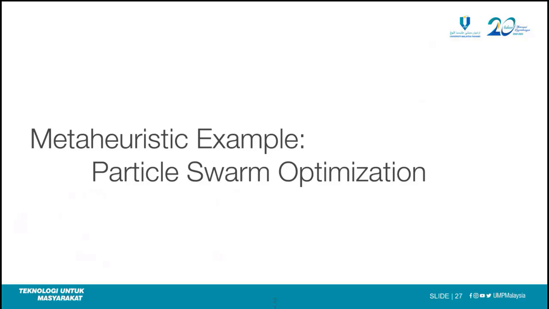Because this is one of the most popular metaheuristic algorithms besides genetic algorithm, and I believe that if you understand how PSO works, you can also understand how other algorithms work.